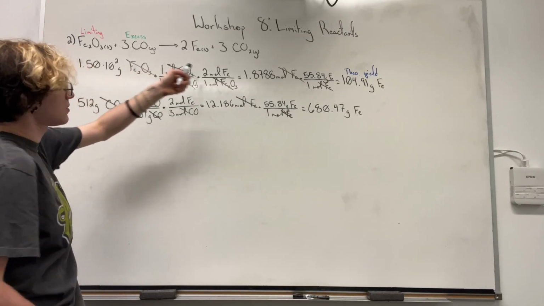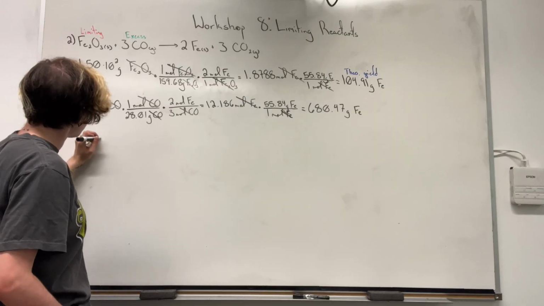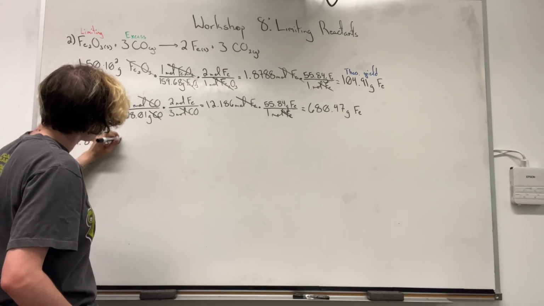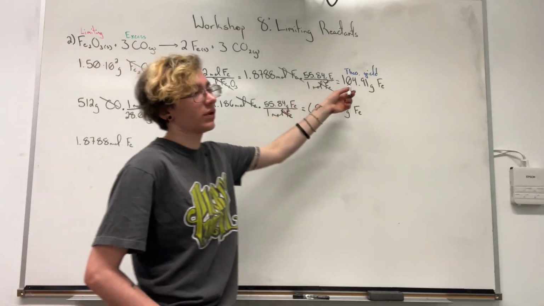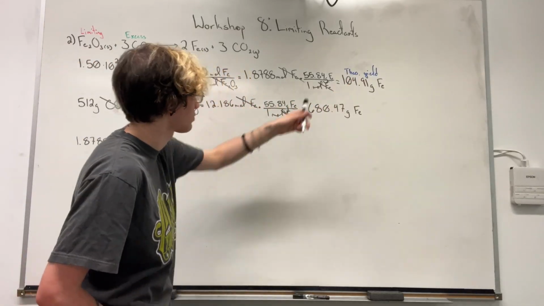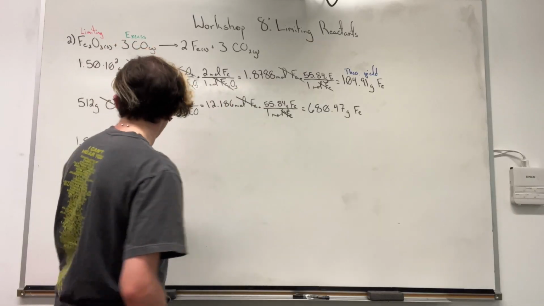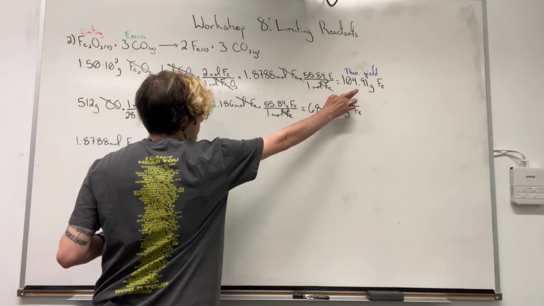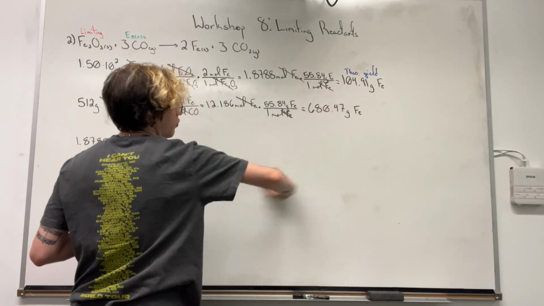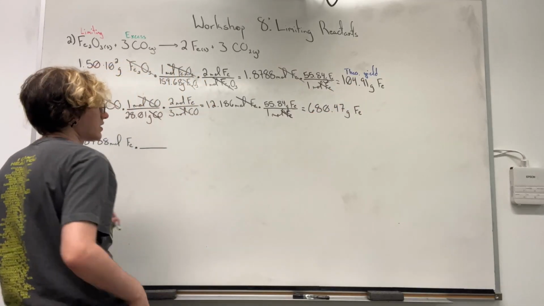This much iron oxide makes 1.8788 moles of iron. Again, you can start your calculations from 104.91. You don't have to take this pause in the middle. If you're more comfortable just going from the mass all the way back to the carbon monoxide, that is completely fine.